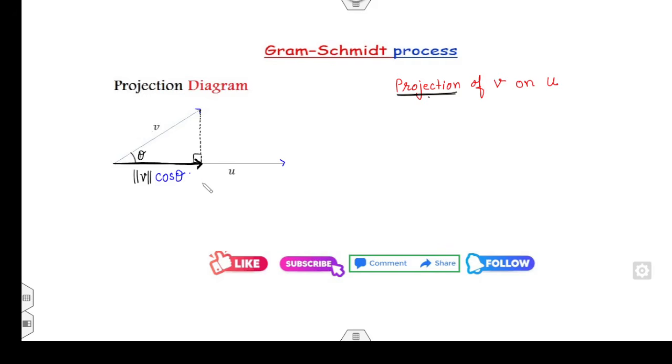And if you write it in terms of the vector, then you can write it as a unit vector in the direction of u. Is it fine? Now clearly this is my projection: norm of v cos theta times u cap.